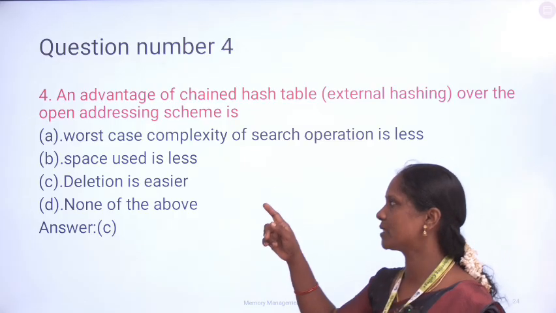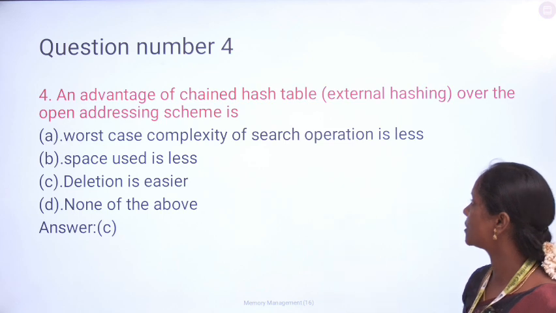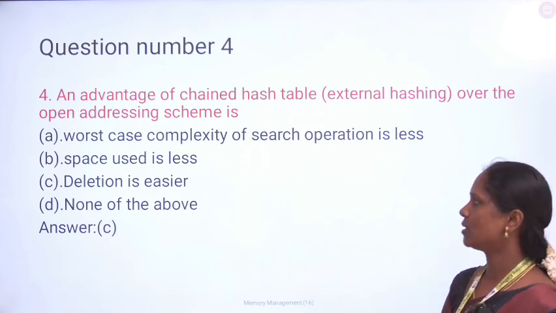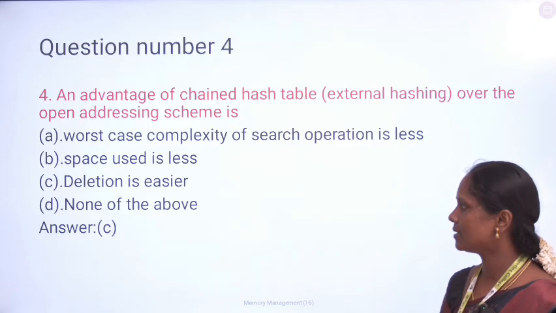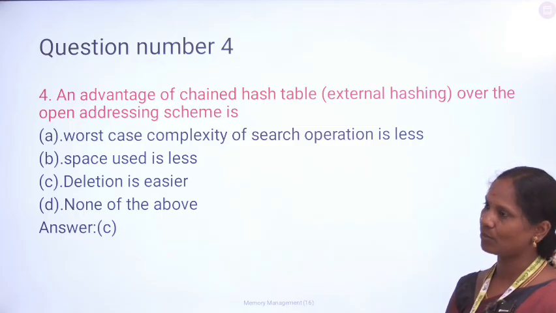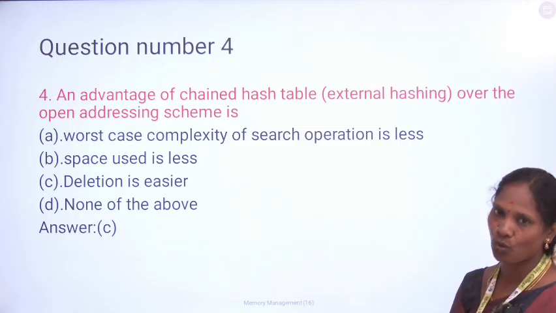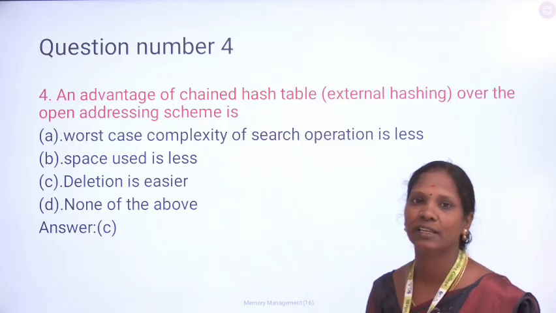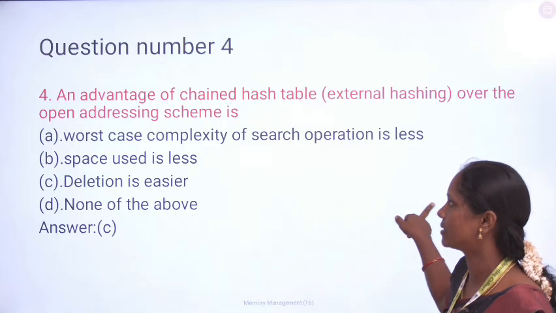The options are: worst case complexity of searching is less, space used is less, deletion is easier, none of the above. Our answer is C, deletion is easier, because here there is no open chaining, so automatically we can delete that value. So that is our answer.